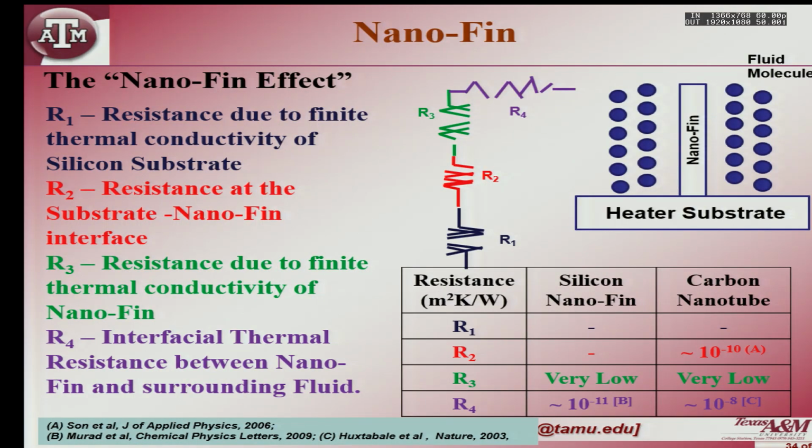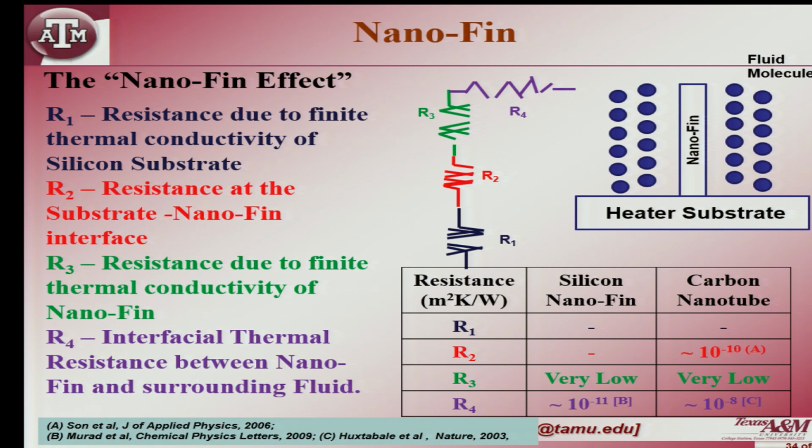Okay. If it is a carbon nanotube on a silicon wafer, well, there is a resistance in the wafer itself, because my heat is coming from below the heater substrate, right. So, there is a resistance in the wafer, there is a resistance at the junction between the carbon nanotube and the substrate, there is a resistance within the fin itself which is R3, and then there is a resistance between the fin and the liquid, which is known as the Kapitza resistance. Okay.